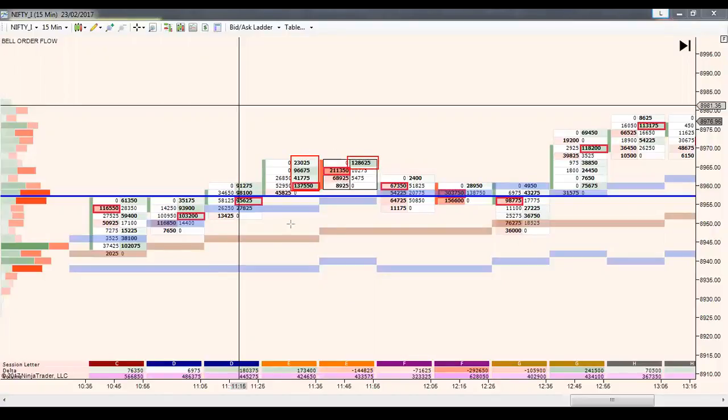This generally happens when there are stop losses beyond a certain level and those are hit, and then we do not find any new business to continue higher. But that happened here, and we also came down. We got some strong selling here, but then we could not follow through.